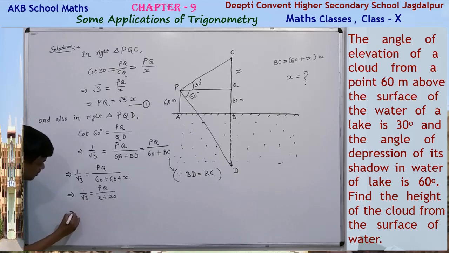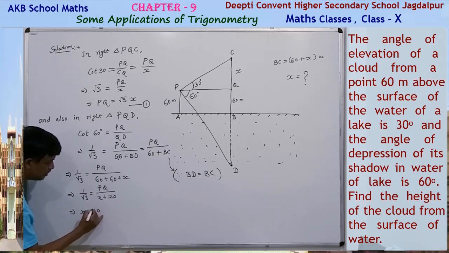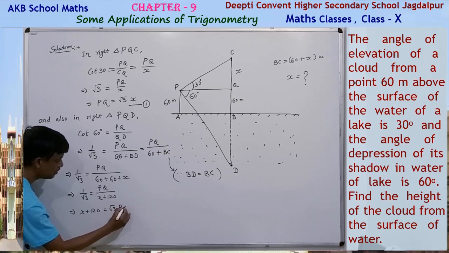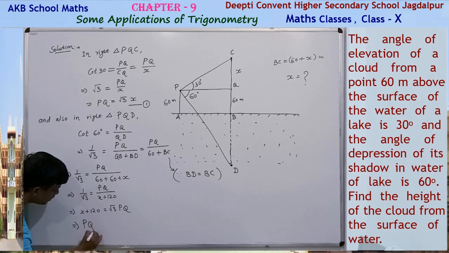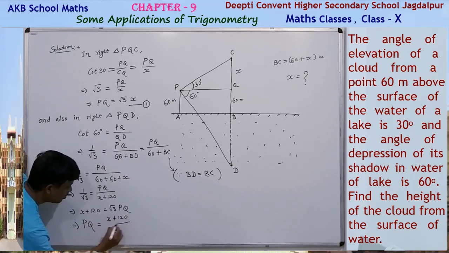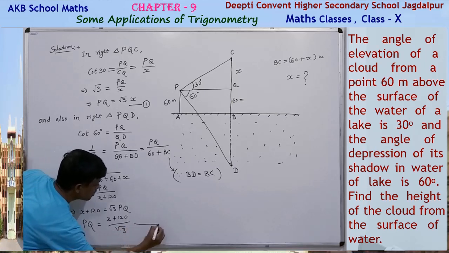Now solve it. x plus 120 equals root 3 PQ, that is, PQ equals x plus 120 upon root 3. This is equation 2.